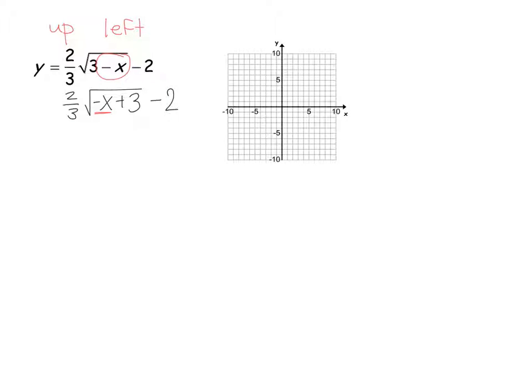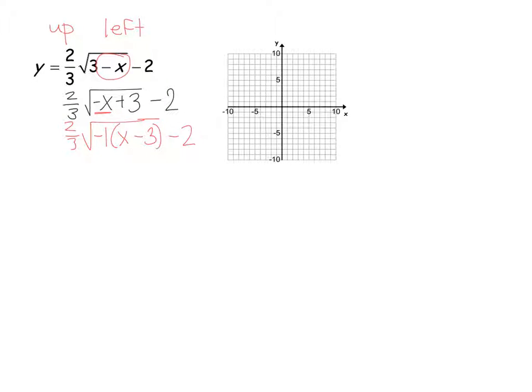If the X is negative, separate the negative 1 from the X. Factor that greatest common factor out. That turns it into X minus 3. Nothing happens to the 2/3 and the negative 2 because they weren't in the square root.